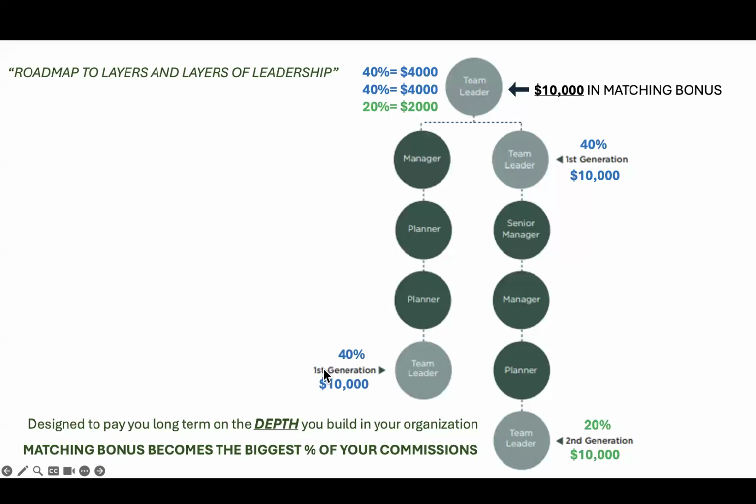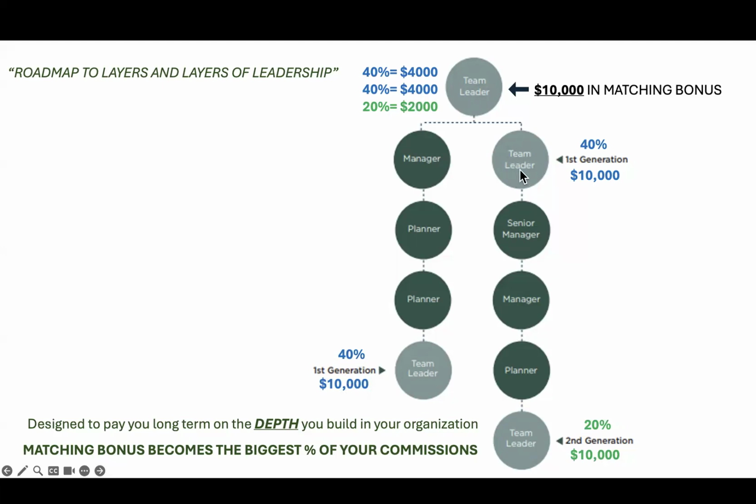So that will make him the first generation team leader. Based on his rebate, his product sales, his open group sales, and some open line commissions, he generated 10,000 on that portion of the income. If he makes 10 grand, I'm going to also get a 40% matching bonus at an additional $4,000.